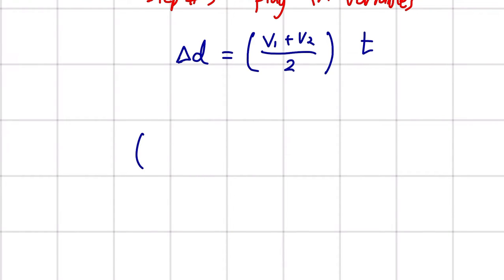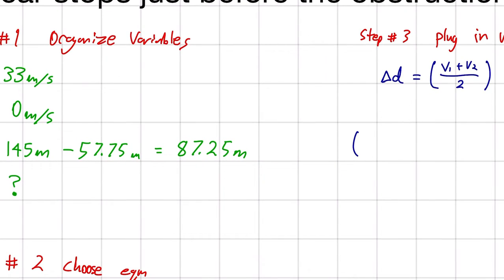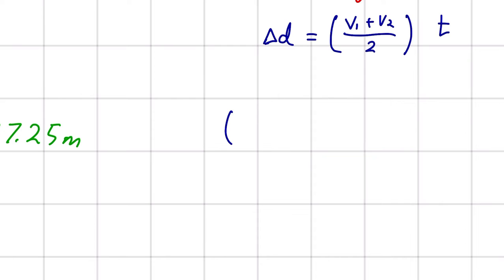Right, let's plug these in. So for our distance, remember we have 87.25 meters. That is equal to, what do we have for V1?